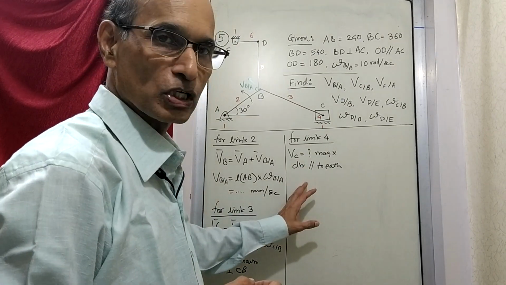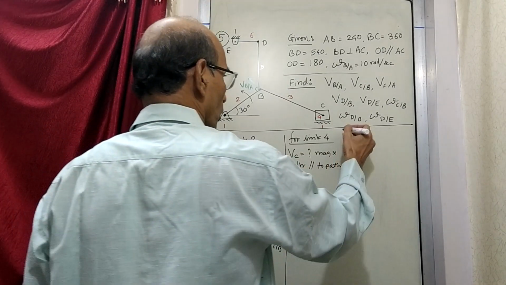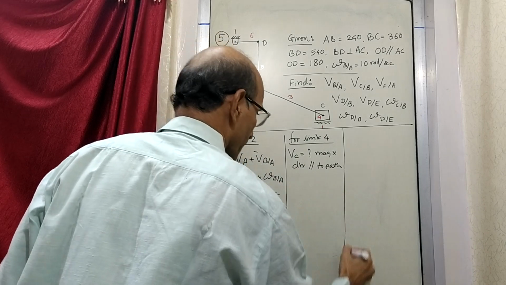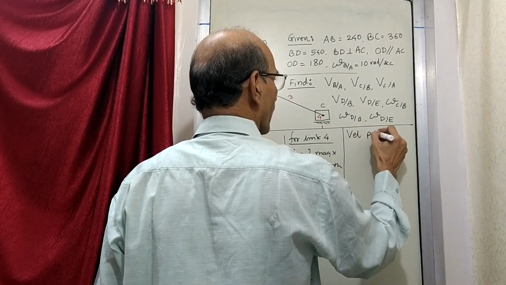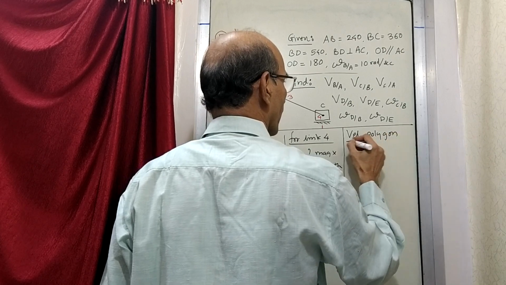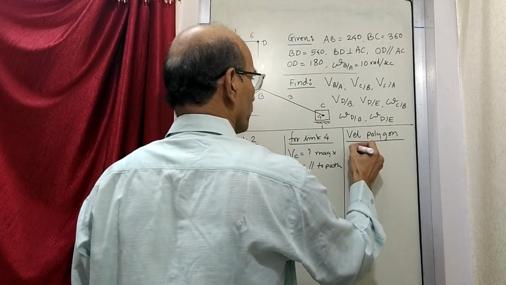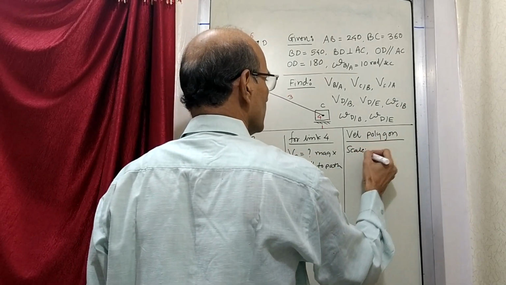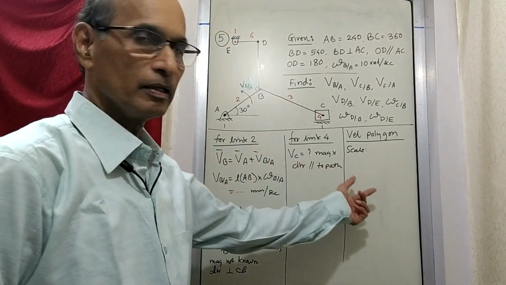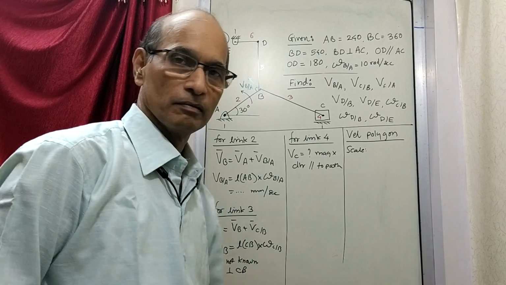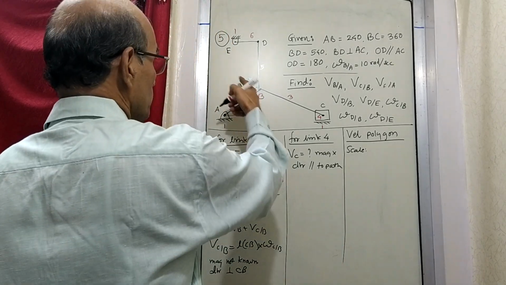So having done this much, now let's draw the polygon over here. On this side we'll draw the velocity polygon. So we have to find a suitable scale, and as per that scale you can put this vector in a certain length. So we'll draw this vector first.